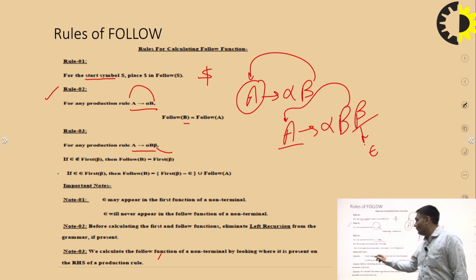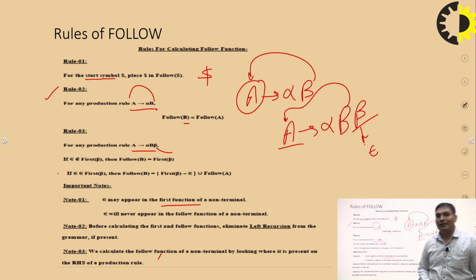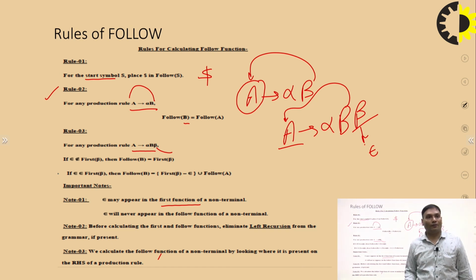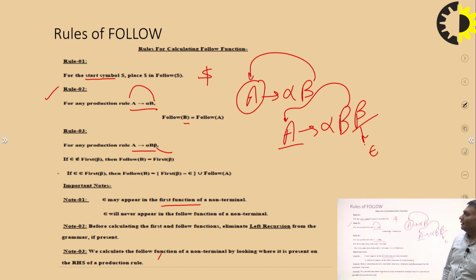Second note is, epsilon may appear in the first function, but epsilon will never appear in the follow of any, right? So in first there is no dollar, in follow there is a dollar, in first there is epsilon, but in follow there is no epsilon in the output of follow.